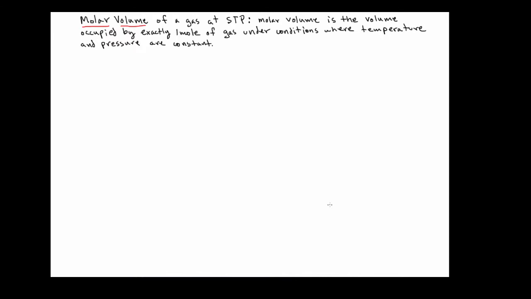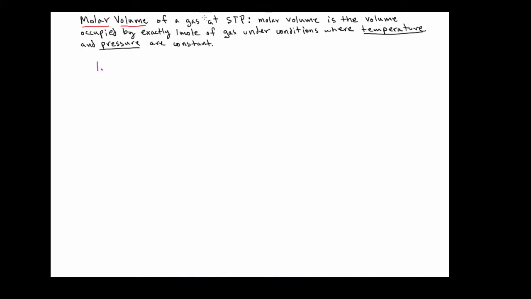All right, and like molar mass, molar volume is literally the volume of exactly 1 mole of gas at specified conditions. So in other words, the volume of 1 mole of gas at fixed or constant temperature and pressure. And in the case of chemistry, we are going to stipulate specific conditions for this.